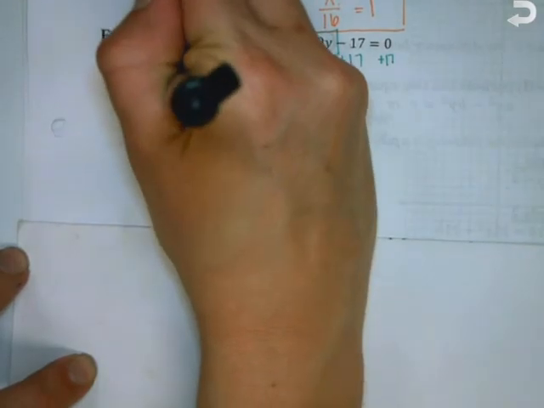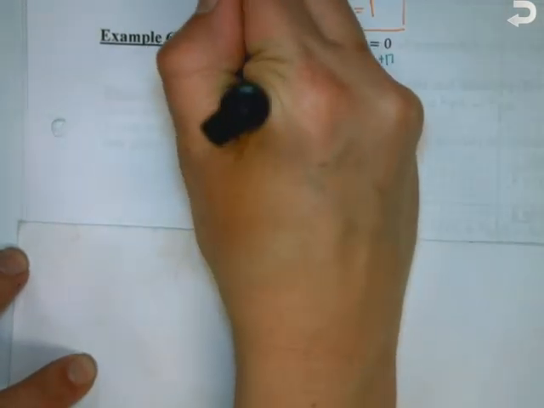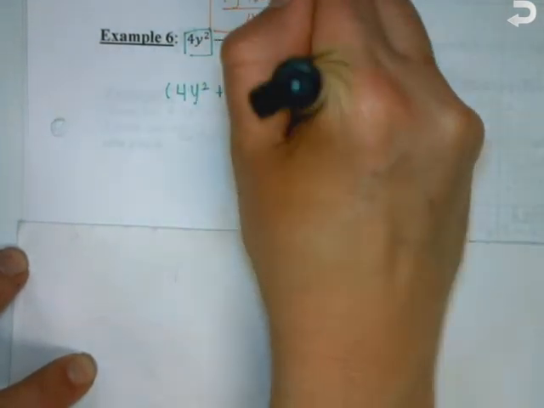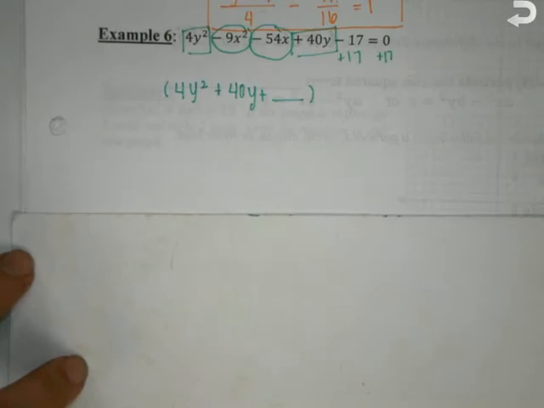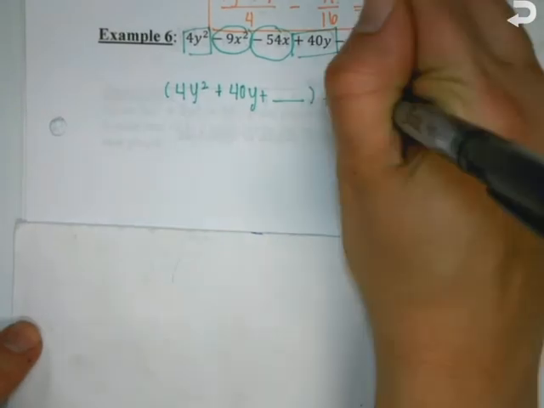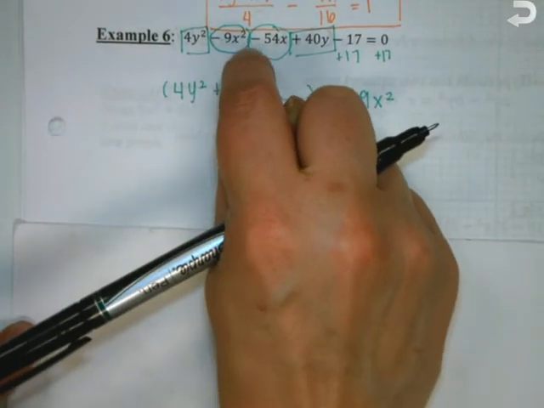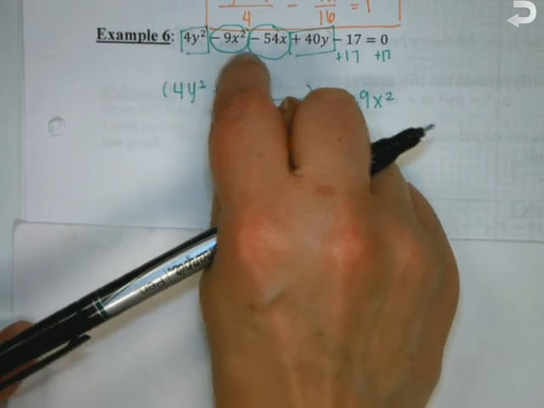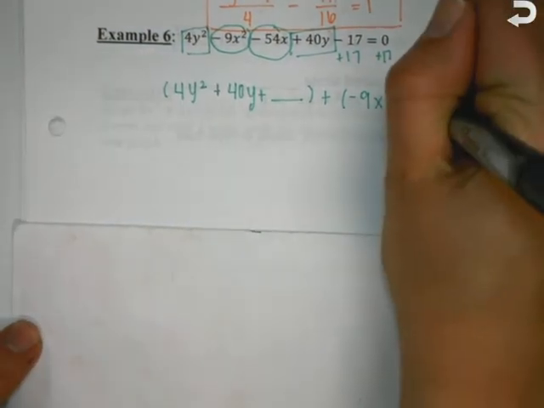Before you do anything, we're going to add those two together because that negative is attached to the x squared. It's attached to the 9. So we have to keep negative 9x squared together. And that's going to equal 17 plus blank plus blank. Okay. Now what do I want to do? Take out the 4.